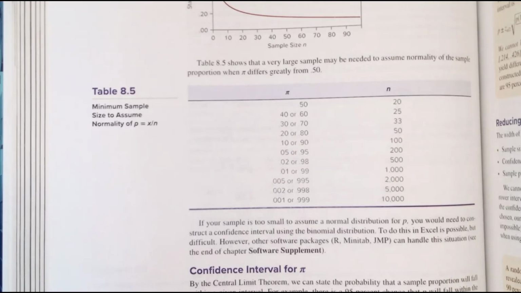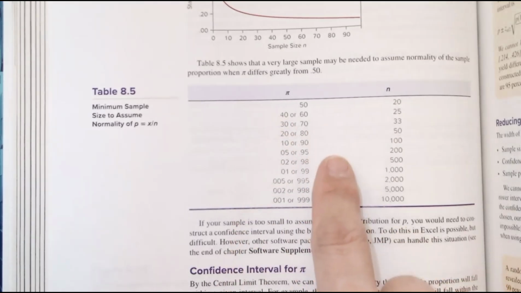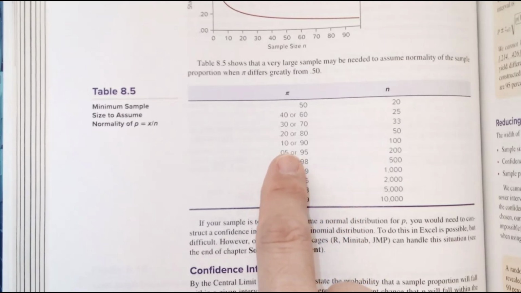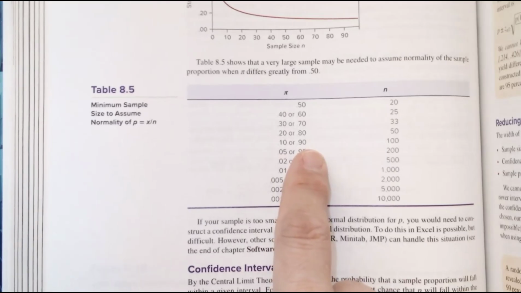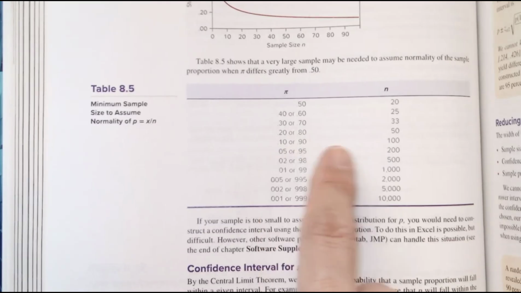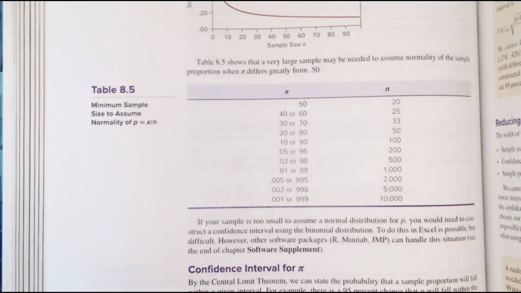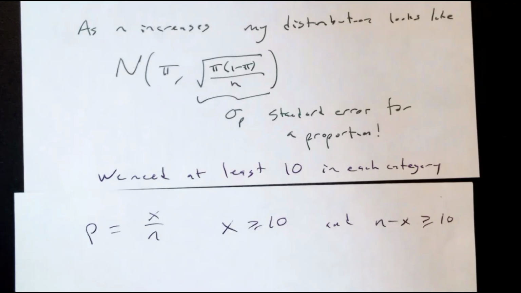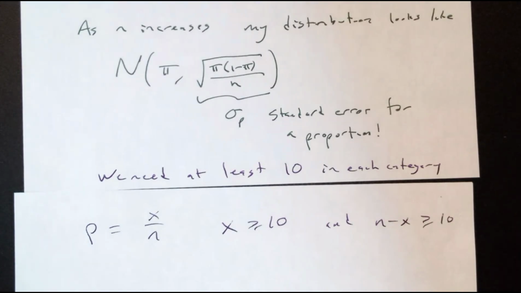And we can see as these numbers get smaller in either direction, if I have a 10% chance of success, a 90% chance of failure. But I can do it the other way around. If I have a 90% chance of success, and a 10% chance of failure, I'm still going to need 100 people, regardless of which way it goes. I need more and more samples as my proportion gets smaller and smaller, whether that's the proportion of success or proportion of failure.